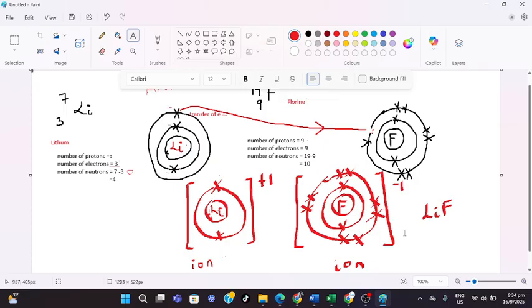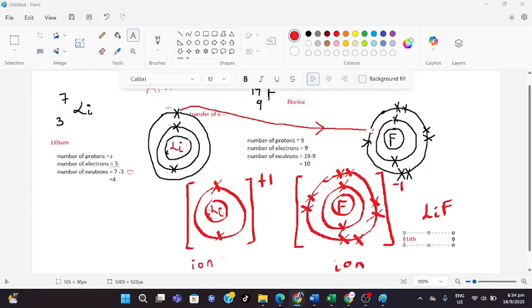Does lithium fluoride not have a charge together?